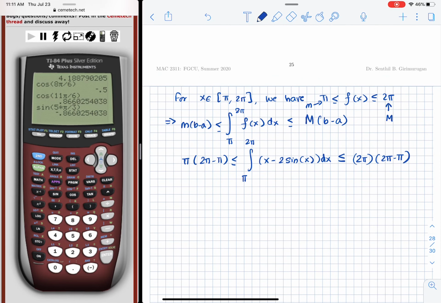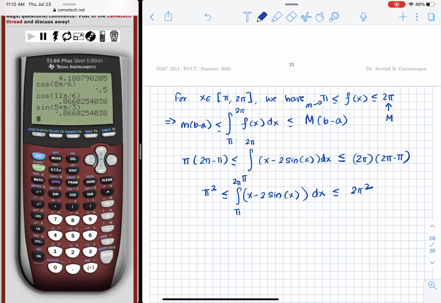So we would end up having pi squared to 2 pi squared. So that would be the entire area of the integral.